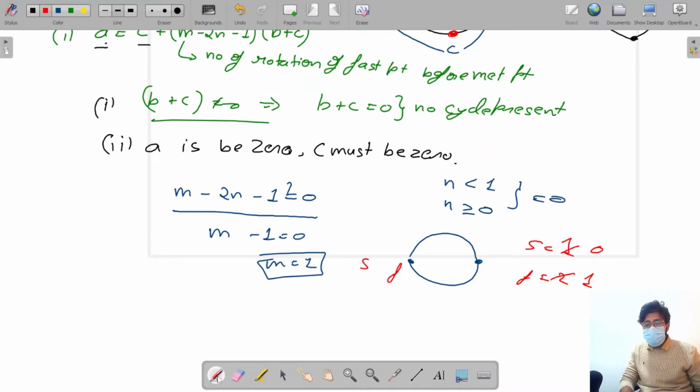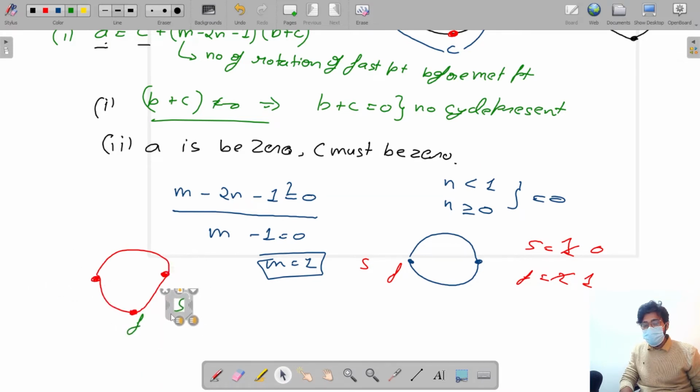Now let's take the example of 3 points. 1, 2, 3. Right. So this is something like this, something like this, something like this. Let's take slow and fast. Slow this side, fast this side. So slow moves from here, fast moves to here. Fast moves to here.